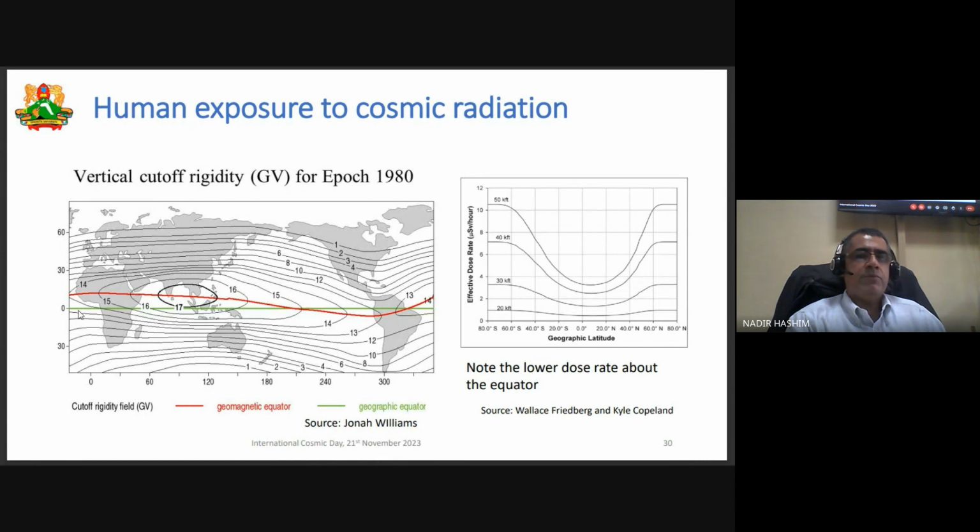Far away from the equator, the magnetic field lines are no longer parallel with the surface of the Earth. They're inclined, and therefore the resistance is minimal. That is why you've got higher dose far from the equator compared to minimum dose near the equator. So it's more of the interaction of a charged particle with the Earth's magnetic field and the angle of inclination.